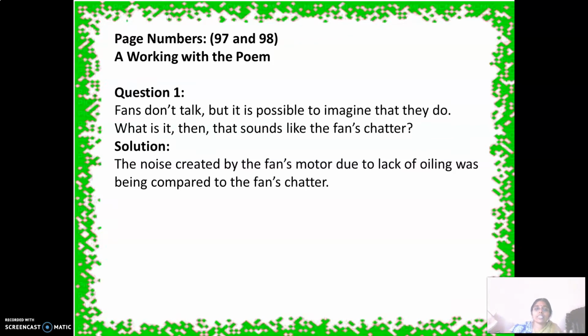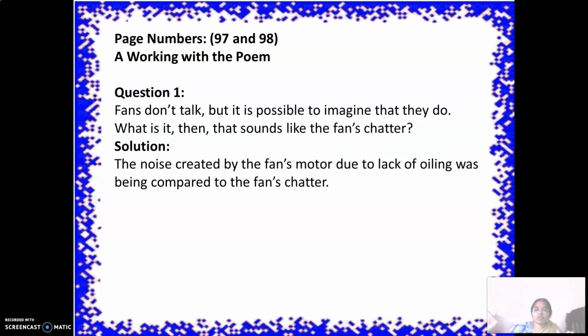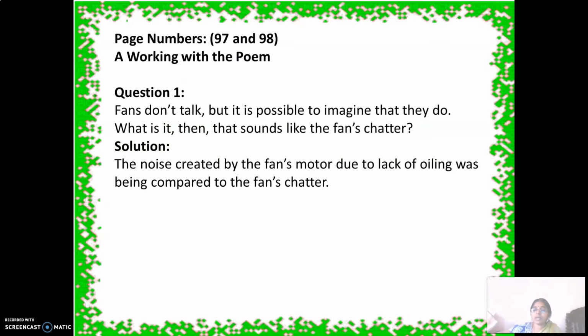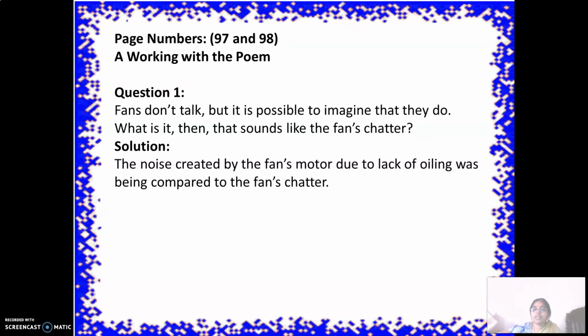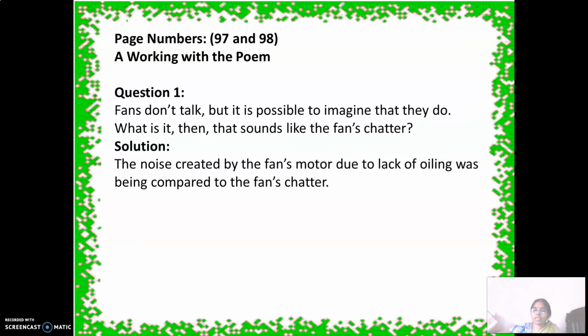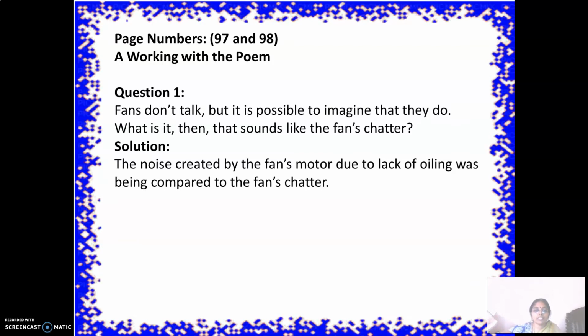Actually, the noise created by the fan's motor due to lack of oiling was being compared to the fan's chatter.